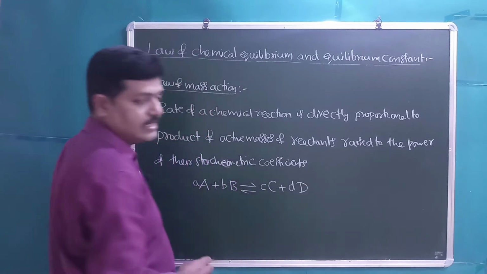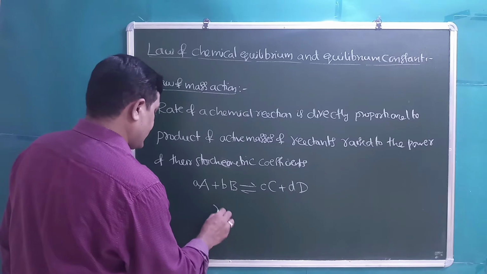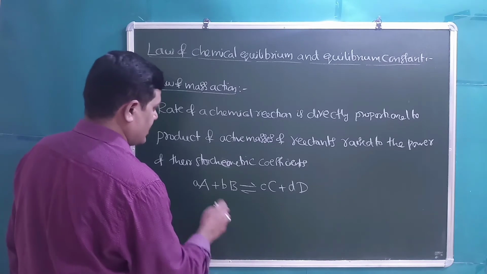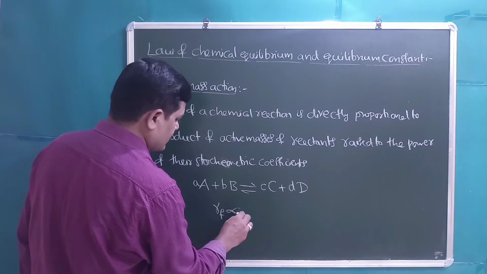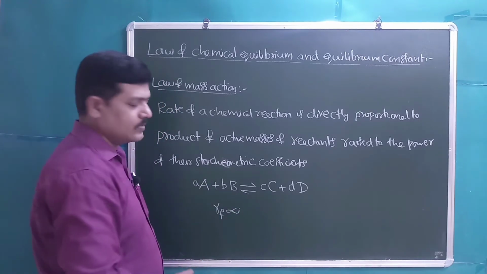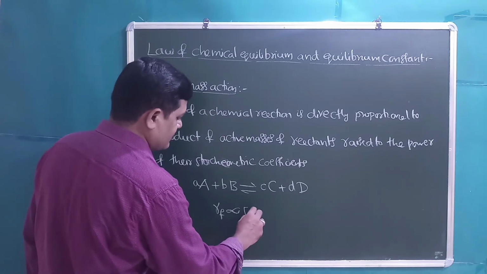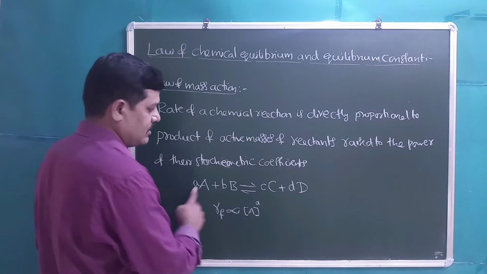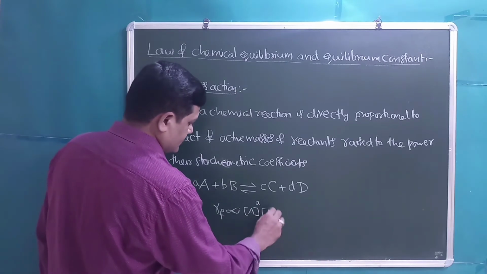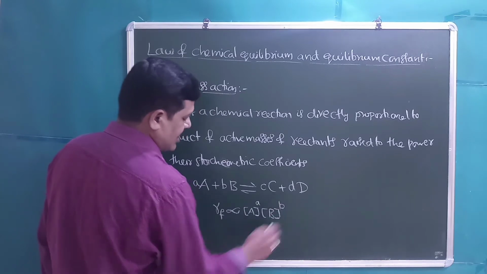Then students, we can write that the rate of forward reaction, according to law of mass action, is directly proportional to the active mass of A, that means A included in the square bracket, raised to the power of its stoichiometric quotient, multiplied by active mass of B raised to the power of its stoichiometric quotient.